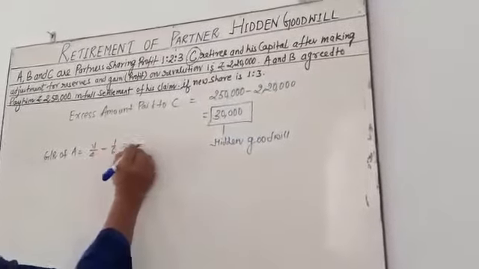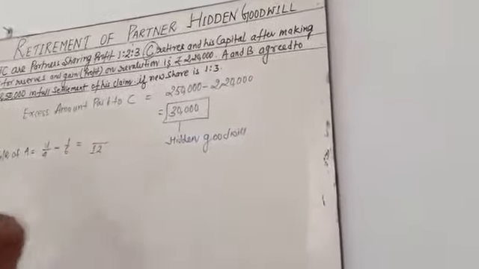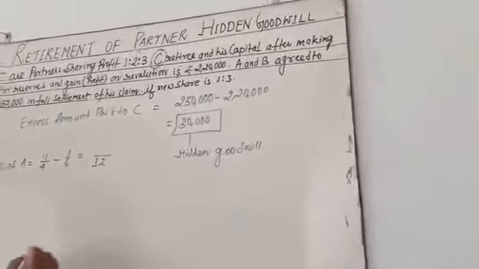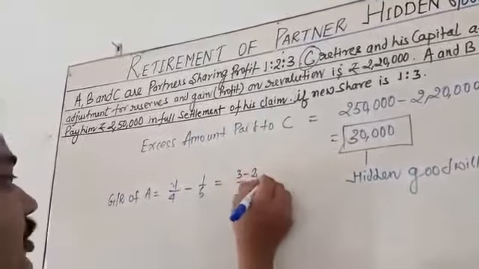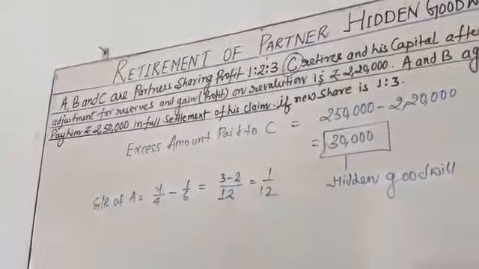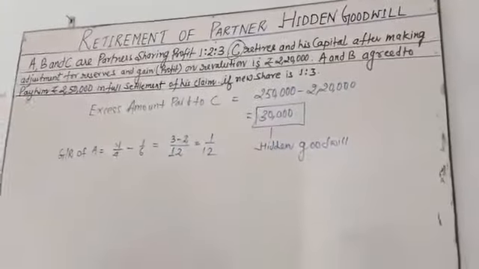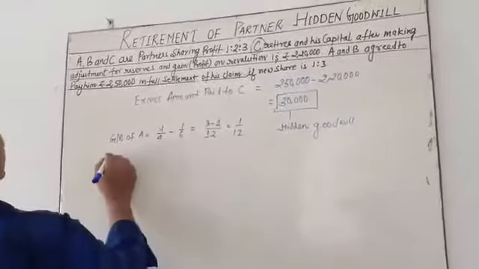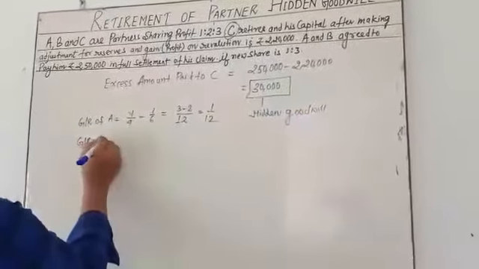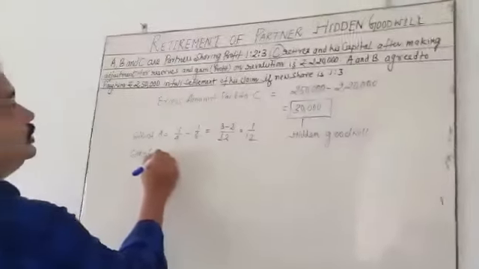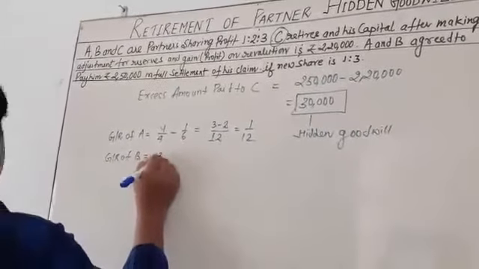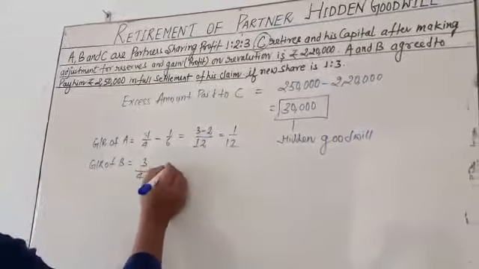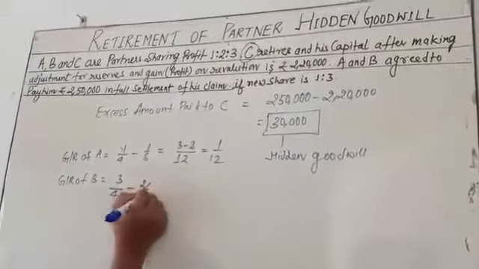The LCM is 12. Now subtract: 3 minus 2 is equal to 1 by 12. The gaining ratio of B is equal to 3 by 4 minus 2 by 6.